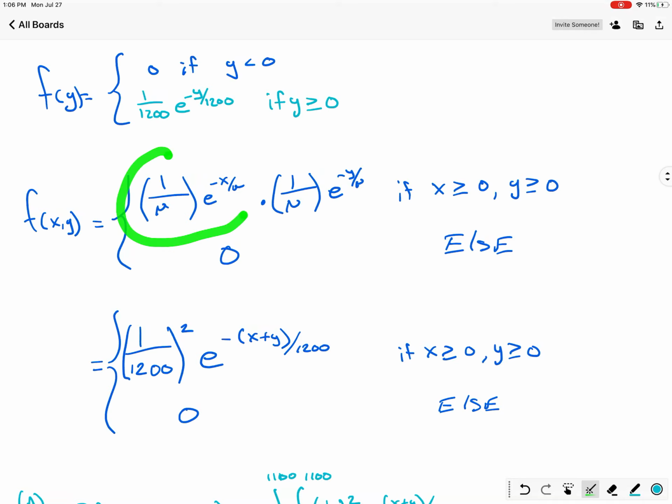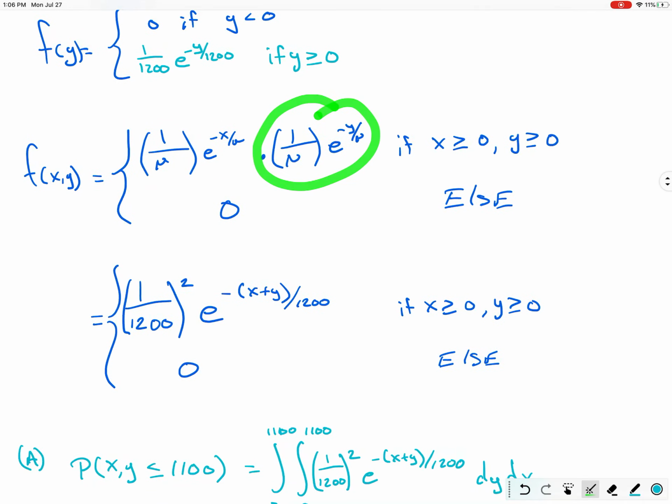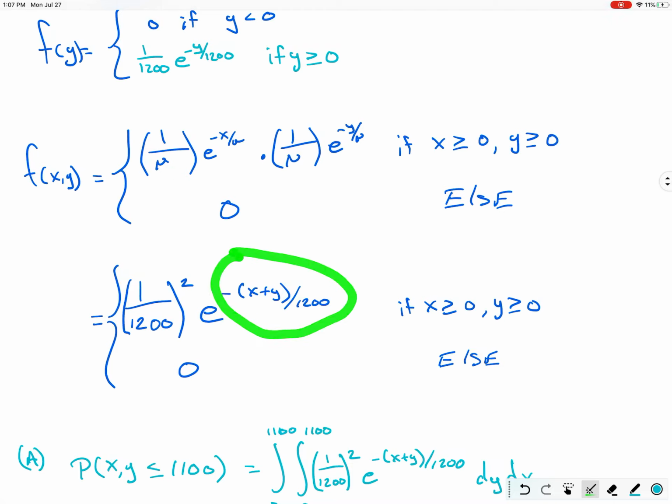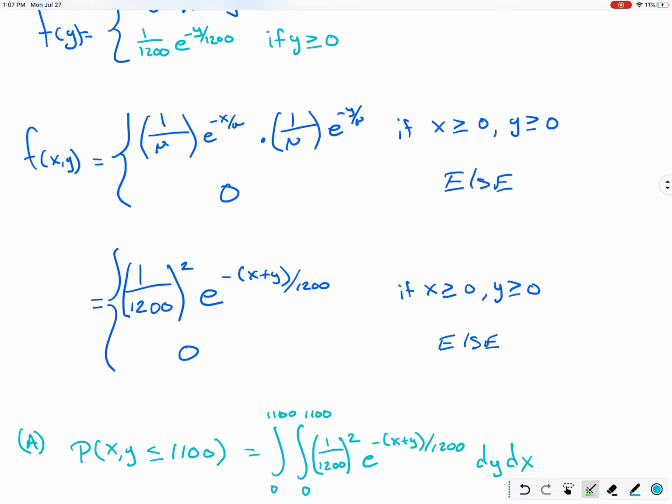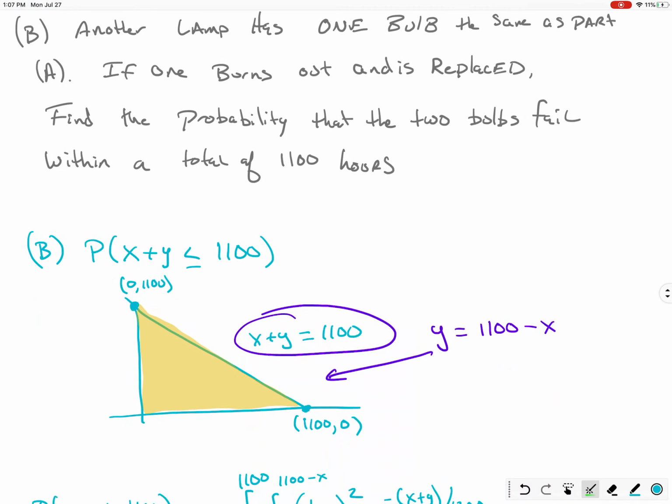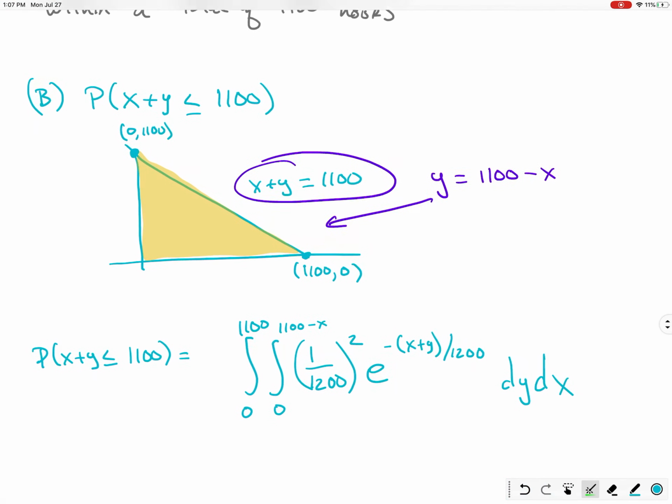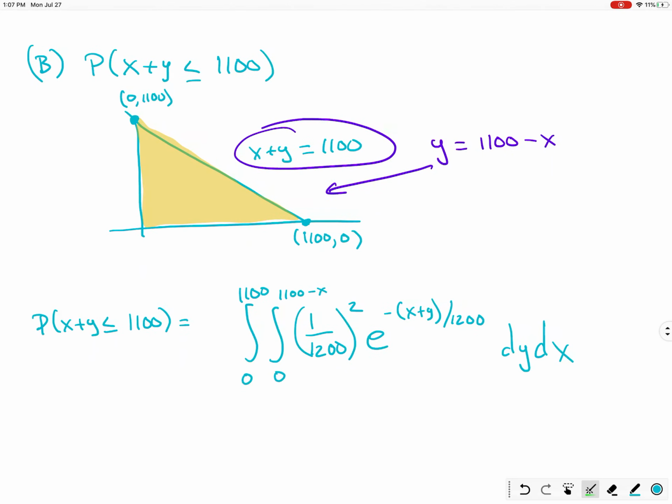So the values wouldn't necessarily be this 1 over 1200 squared or 1 over mu squared because the mu's may be different. The top here might be slightly different because we're combining two different things, so the multiplication might be more complicated. So just be careful of that. In this particular example, the bulbs were identical, so we can have a little bit easier time of the algebra.